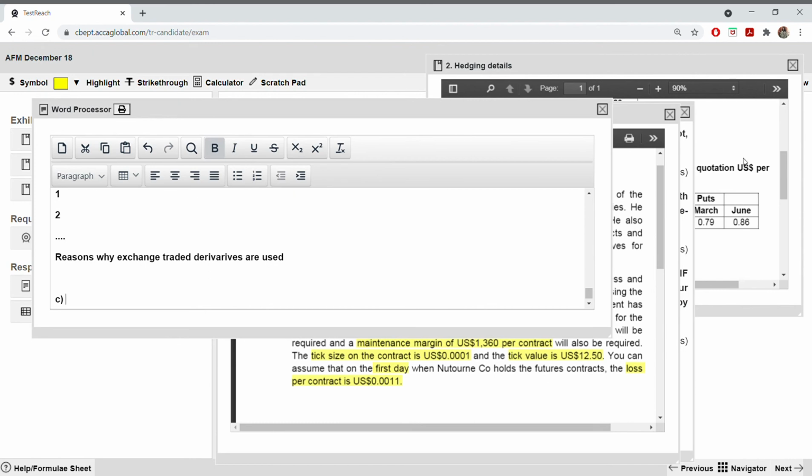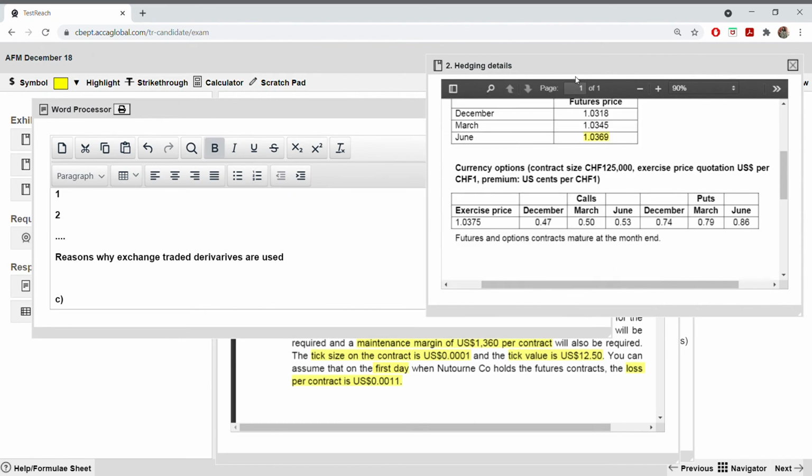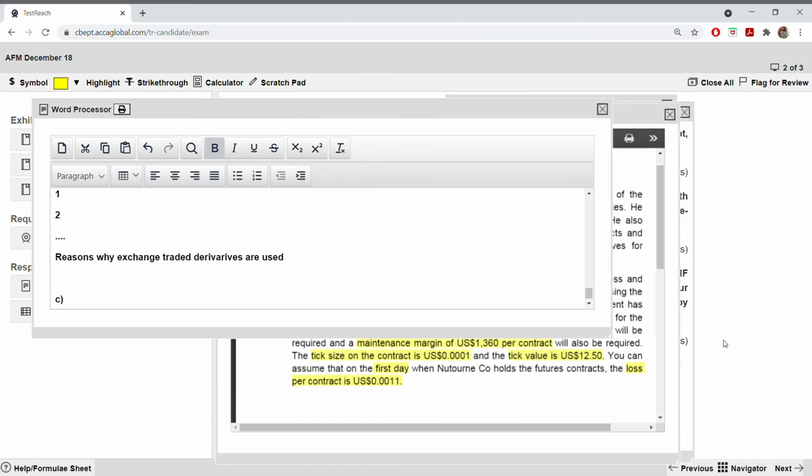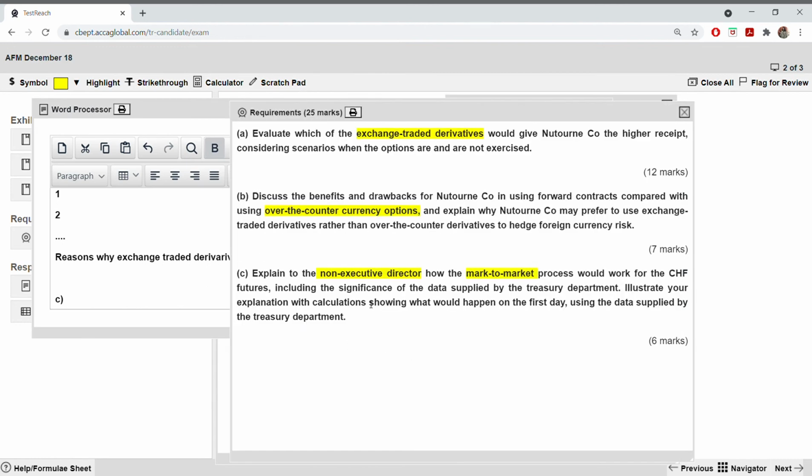Okay, so this is for timing. It's not needed. I will close it down. So explain. The requirement starts with explain how the process works. But in your answer, remember, they have told including the significance of the data.